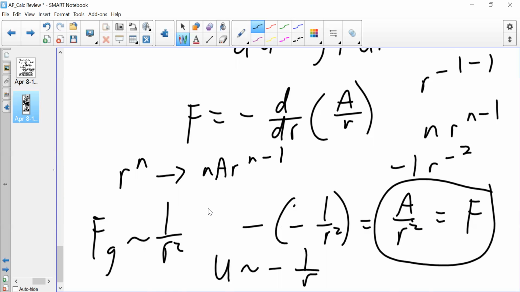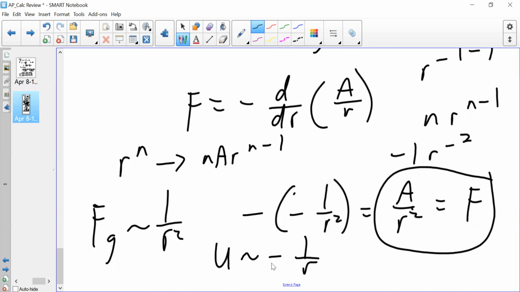And it should be no surprise, because the force due to gravity is proportional to 1 over r squared, so this is positive. And the so-called universal gravitational potential energy is proportional to negative 1 over r.